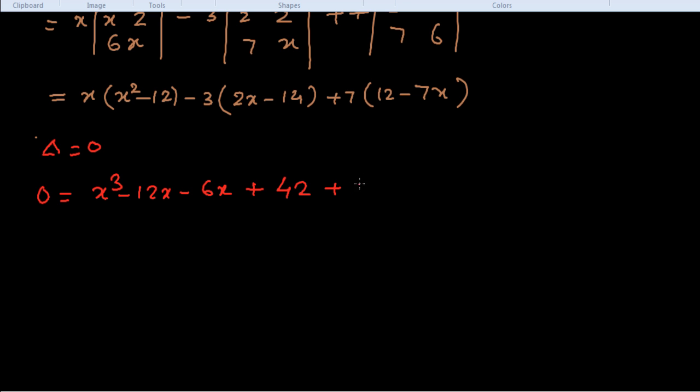It is 84 now. It is 49x. It is x cubed minus 12x minus 6x minus 49x.